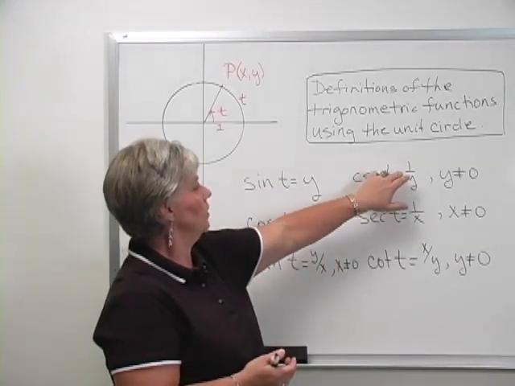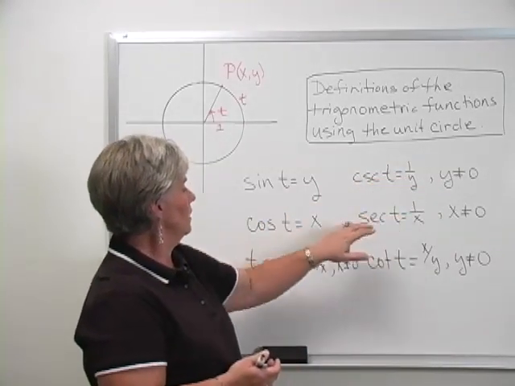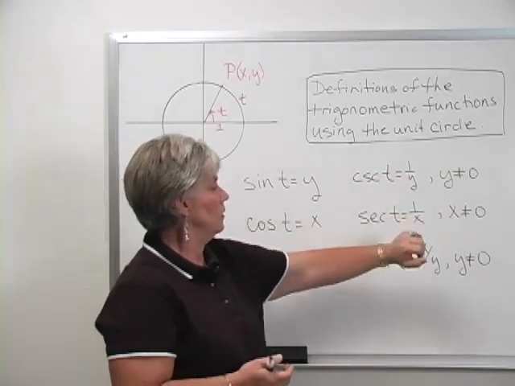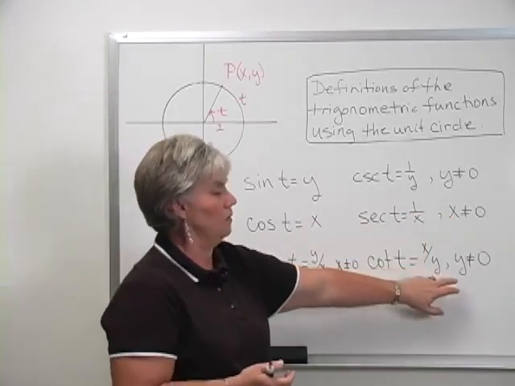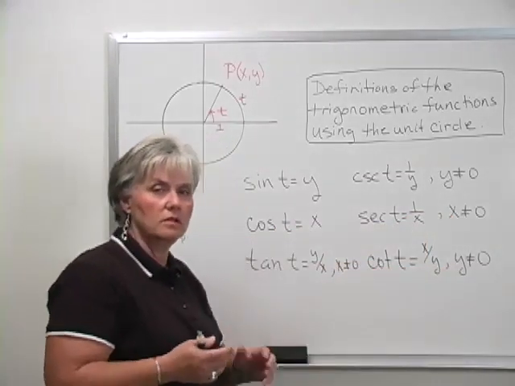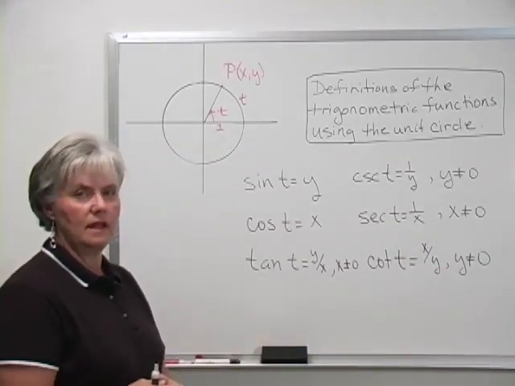Cosecant of t is 1 over y, y not 0, the secant of t is 1 over x, it's the reciprocal, x not equal to 0, and the cotangent is the reciprocal of tangent, x over y, with y not equal to 0. So you need to learn these 6 trigonometric functions as we proceed through the next examples.